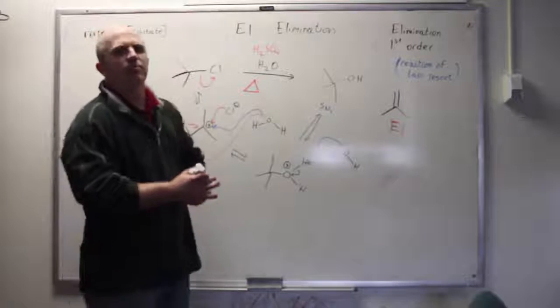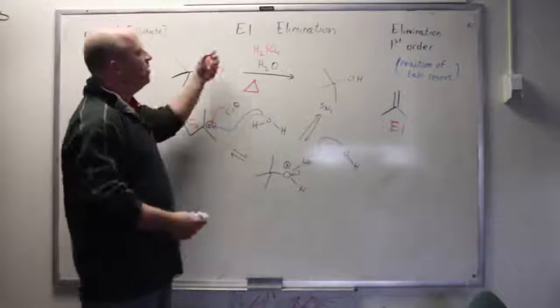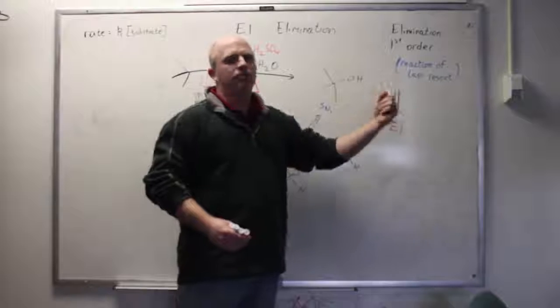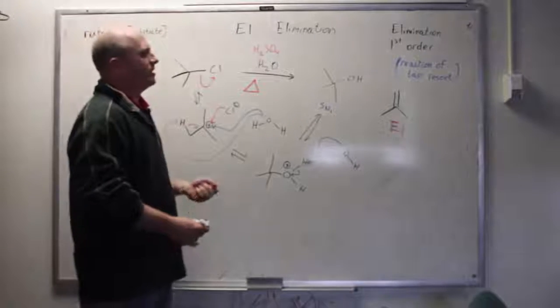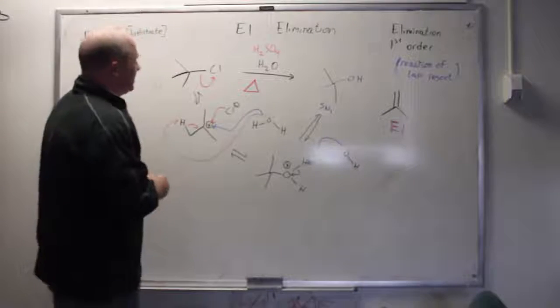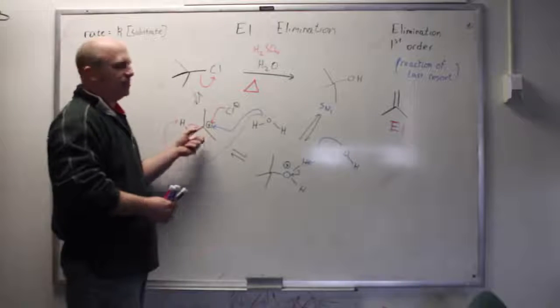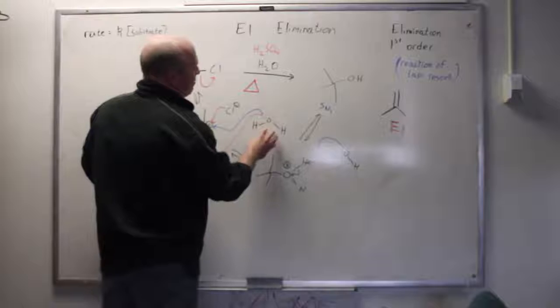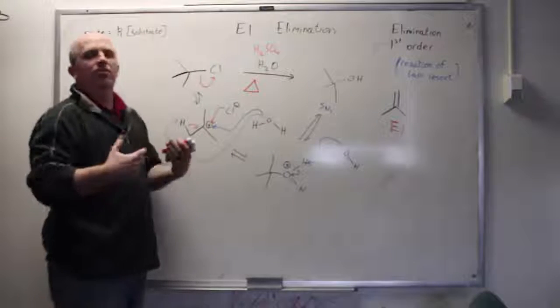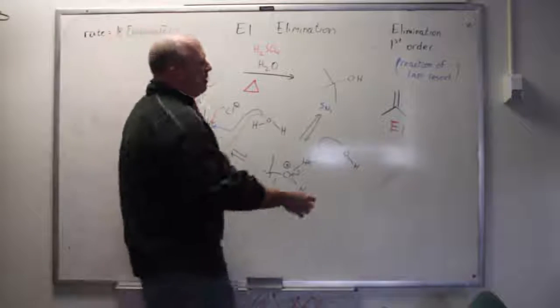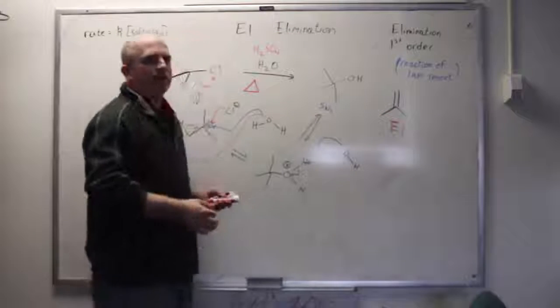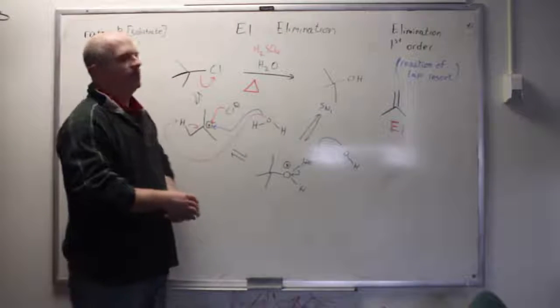When we're talking about substitution versus elimination reactions, the E1 elimination reaction is almost always going to be the slowest reaction of the bunch, and that's because it essentially can only happen when you have the capacity for an SN1 reaction, which is relatively slow, and then you have a relatively bad nucleophile so that no substitution takes place. The only way that E1 wins out is if SN1 is slow, and/or SN2 and E2 are not possible.